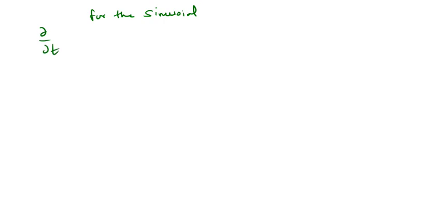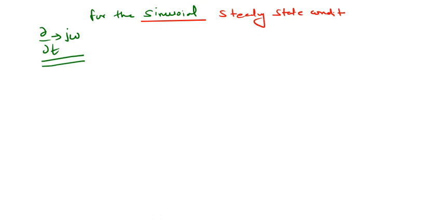So for the sinusoidal steady state condition, we can write dV(z) divided by dz is equal to minus (R plus j omega L) multiplied by I(z).